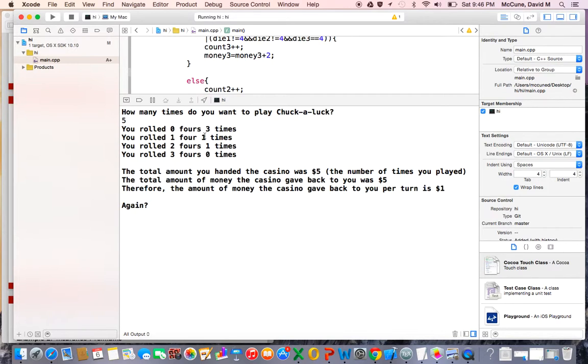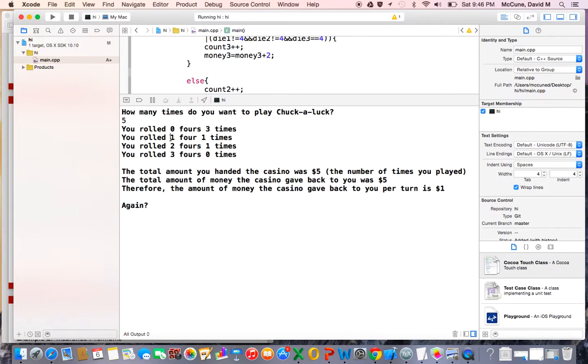Okay, so I rolled 0 fours 3 of those 5, ooh, that's bad, 1 four once, and 2 fours once. Okay, so the total amount of money I handed the casino during that process was $5. So I pay $1 every time, right? Every play I pay $1. The total amount of money the casino gave back to me was $5.